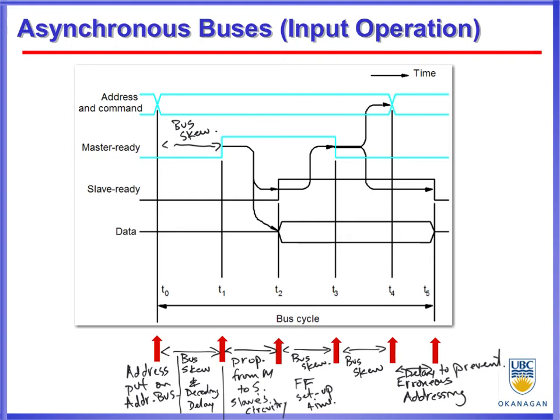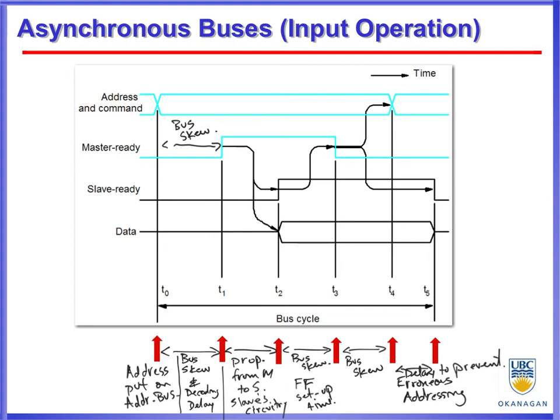Because again, all the slaves are always monitoring this master ready. And when they see it high, that says to them, oh, the master's ready for the data. Okay? So you don't want this changing over here, because when it changes, and this is still high as seen by a particular device, it's going to try to give that data to the master, which you obviously don't want.